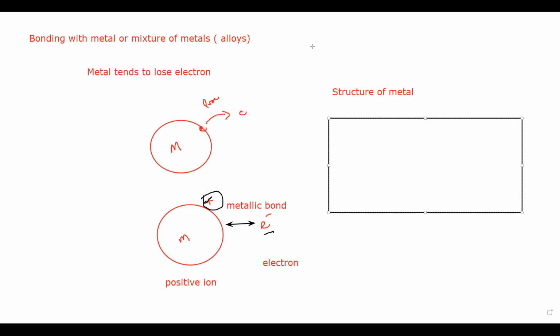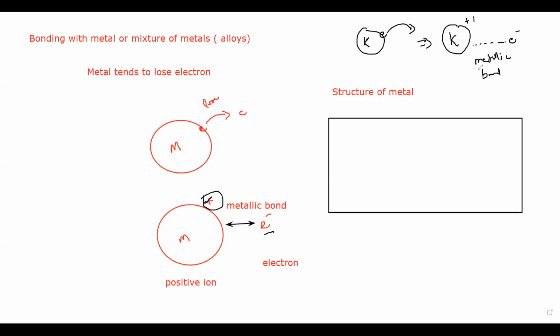Example, if I say I have potassium, which belongs to group 1, I have potassium metal. So when this potassium will lose electron, what will be the charge on this potassium? It will form a positive ion, and there will be electron and attraction between them. We call that as metallic bond.